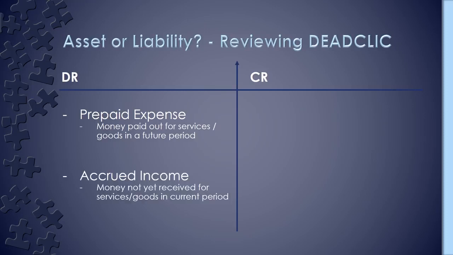Accrued income. So this also sits on the debit side. This is money that we haven't yet received from customers, or we haven't yet invoiced a customer for. So this is effectively unrecorded receivables, like how your trade debtors or your trade receivables sit in the debit side, because they are an asset.